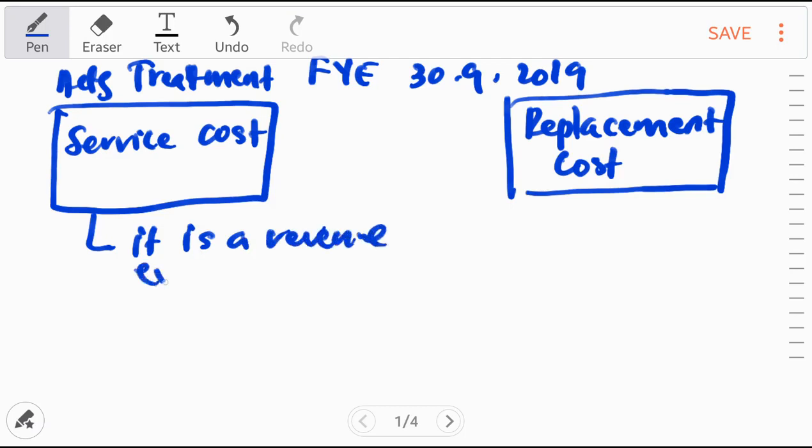For service costs, this is a revenue expenditure. Why is it a revenue expenditure?